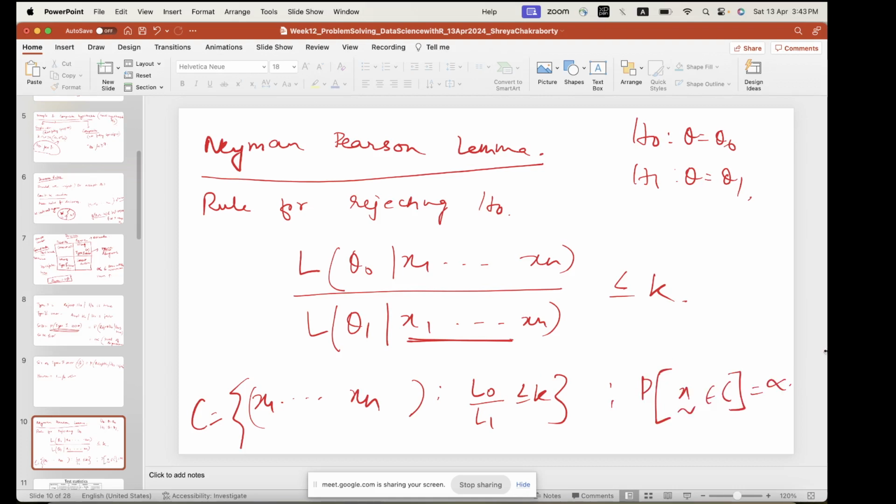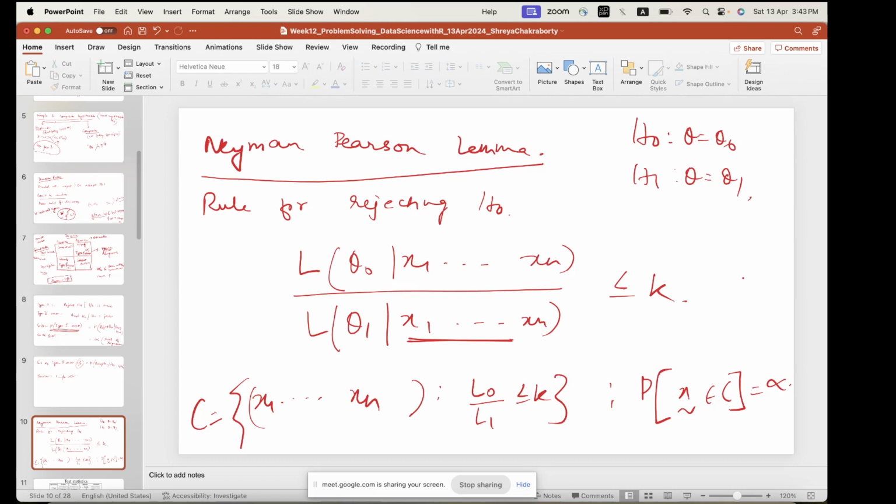Okay, so this is what we call the Neyman-Pearson lemma. So we have to determine the area where this likelihood ratio is less than or equal to some k, and that k is defined in such a way that the probability that this sample belongs to C is actually alpha. Okay, so this is what we learnt with respect to the Neyman-Pearson lemma.